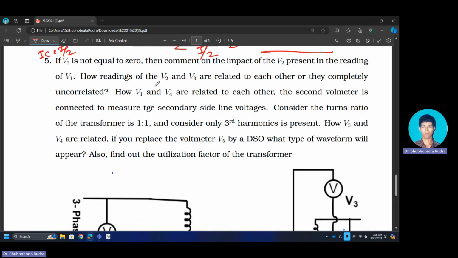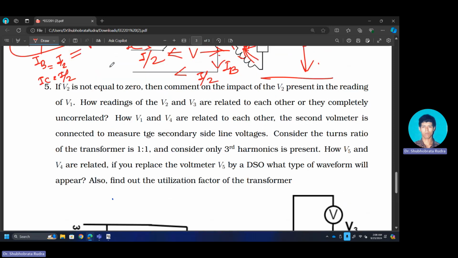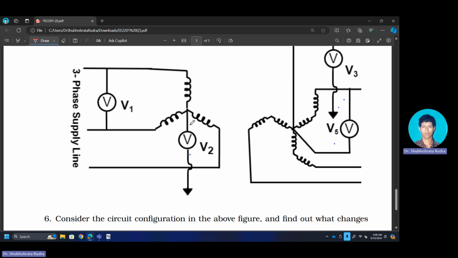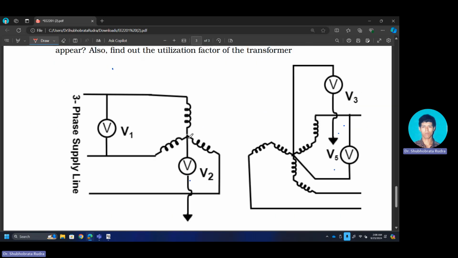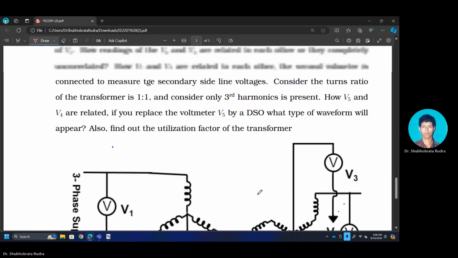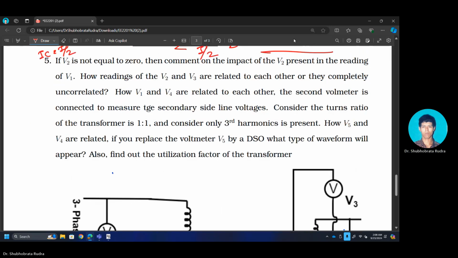Now this problem is one of the interesting problems. If V2 is not equal to 0, then comment on the impact of V2. V2 will show a non-zero reading only when you have an oscillating neutral due to the presence of third harmonic voltage. So comment on the impact of the V2 present in the reading of V1.